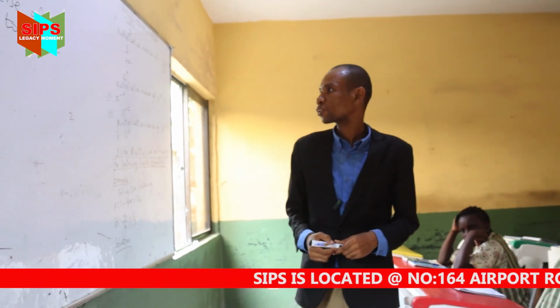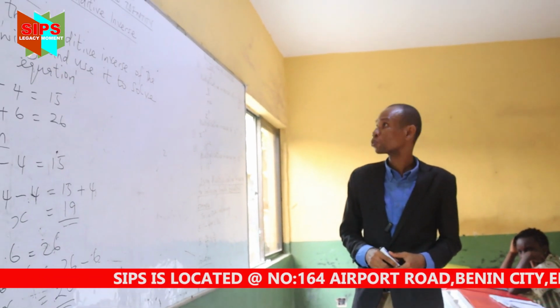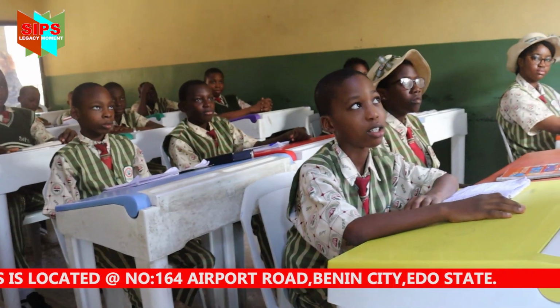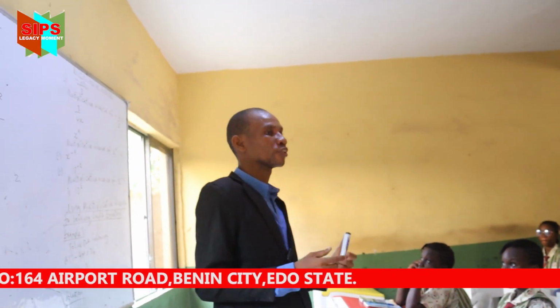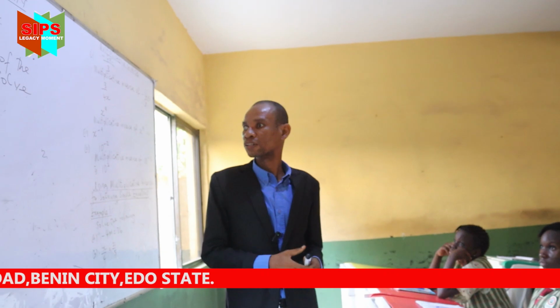0 plus x is x, so 26 minus 6 gives us 20. Let's move over to the multiplicative inverse. As I said, the multiplicative inverse is also known as the reciprocal of a particular number.